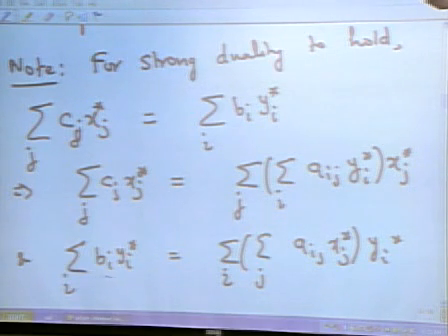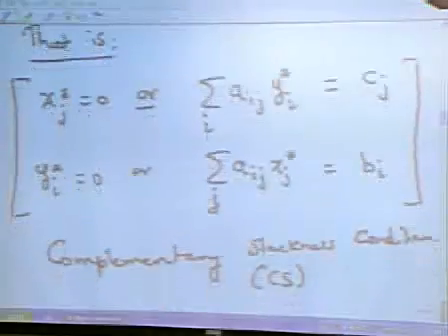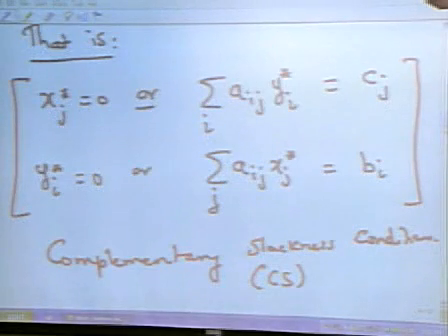Similarly, you have a set of conditions that are dual to that, which involve yi star and aij xj star. And if you work out the implications, what you end up with is the following. Either you have xj star equal to 0, or you have that quantity satisfied as an equation.